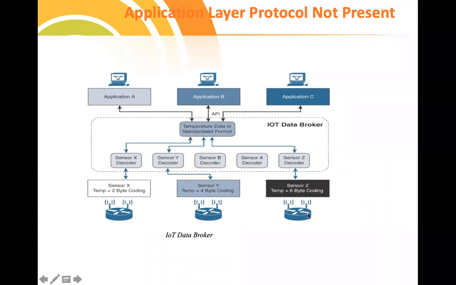Depending on the sensor, the data size may vary. So the IoT data broker API's job is to directly transmit that data to the application. Over here, we don't have a separate application layer protocol. There is nothing like a particular protocol set up. Whatever data we receive, we'll send it.